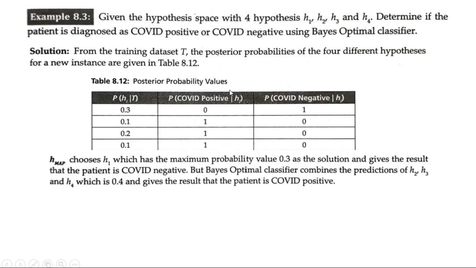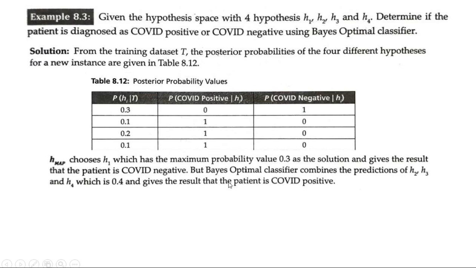Now I need to find out which has the maximum probability, so I find HMAP, where we choose the hypothesis with the maximum probability. Looking at this table, H1 has the maximum probability value of 0.3, and for this hypothesis we see that it is COVID negative.